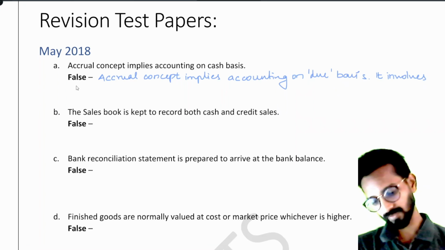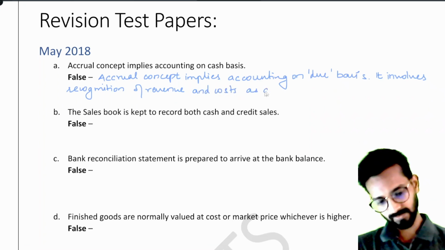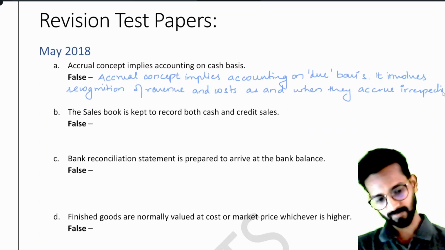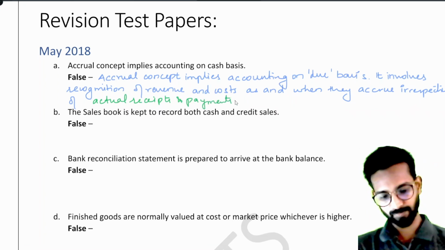It involves recognition of revenue and cost as and when they accrue, irrespective of actual receipts and payments. Actual receipts and payments. What does it mean?